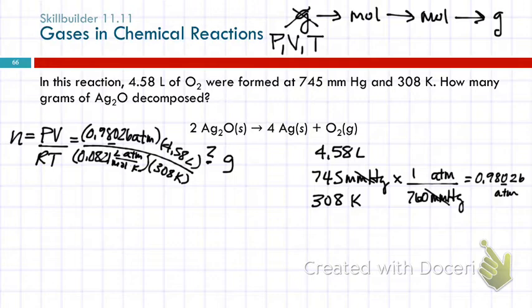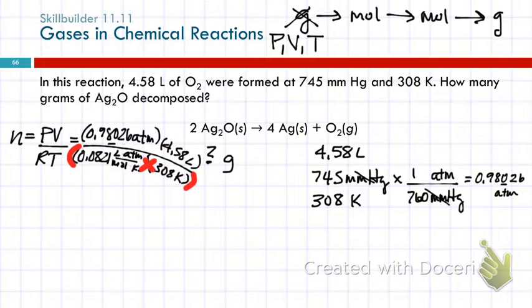Again, we got 2 numbers in the denominator, so if you want to multiply down there, you got to use the parentheses. So 0.98026 times 4.58 divided by, open parentheses, 0.0821 times 308, close parentheses, equals.